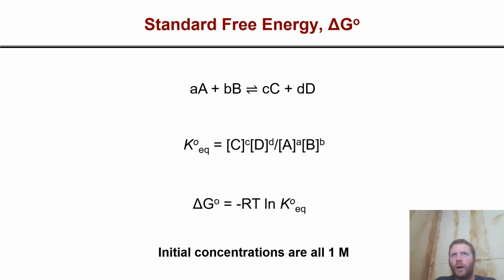So that is where our standard equilibrium concentration is derived. What that means is that delta G naught, or that Keq naught, might differ slightly from a delta G because these are starting at 1 molar concentration.